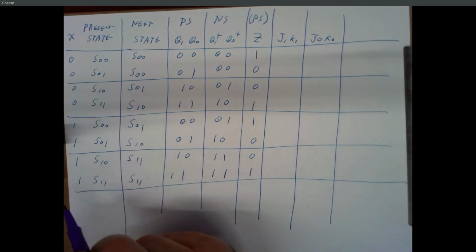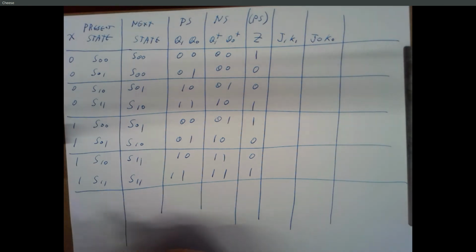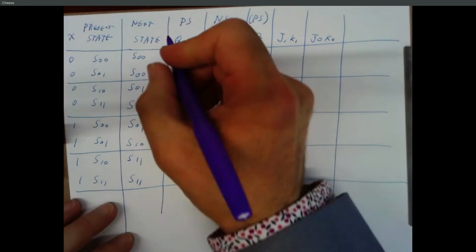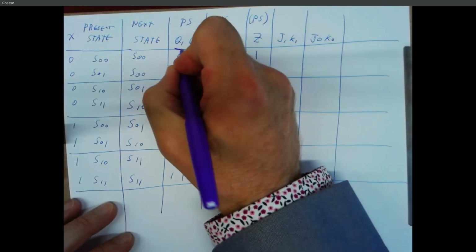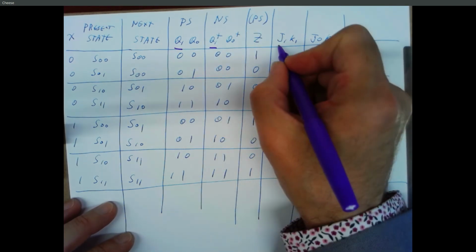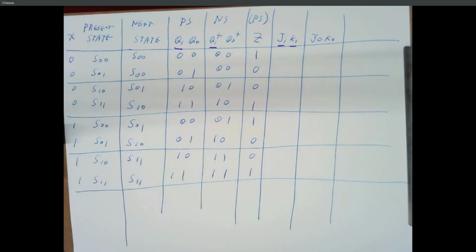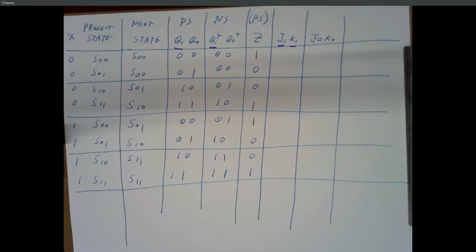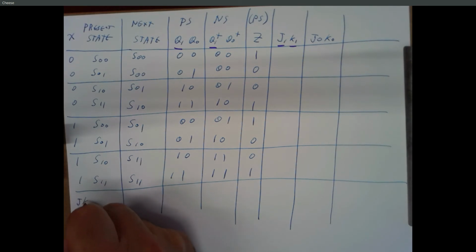Okay, only think about flip-flop 1 for a moment. So we're only interested in Q1 and Q1 plus and J1 and K1. And let's remind ourselves what a JK flip-flop does.